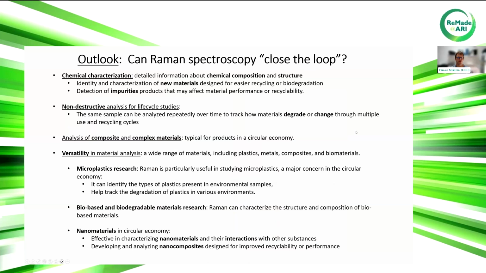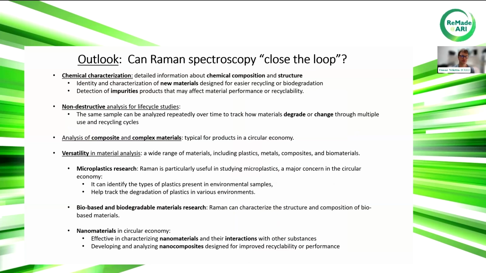Okay, so after these practical examples, perhaps now we are ready to answer the important question: can Raman spectroscopy close the loop, or rather help in studies related to the circular economy?